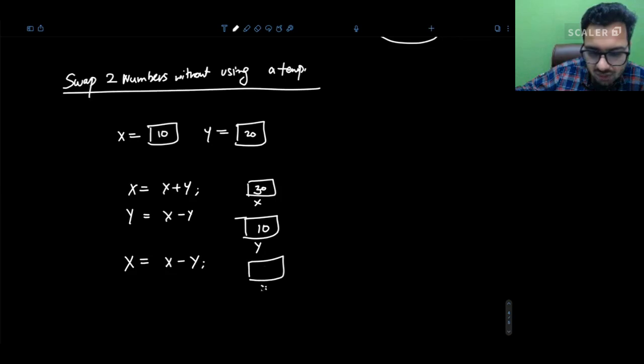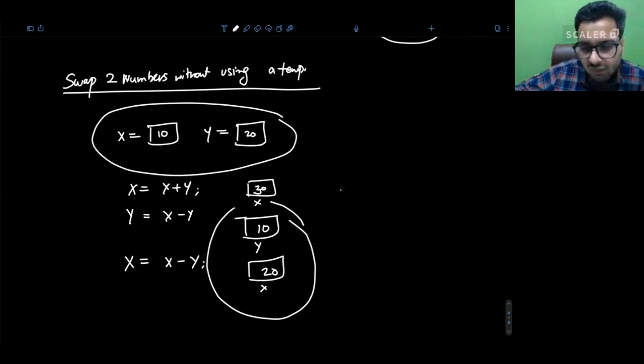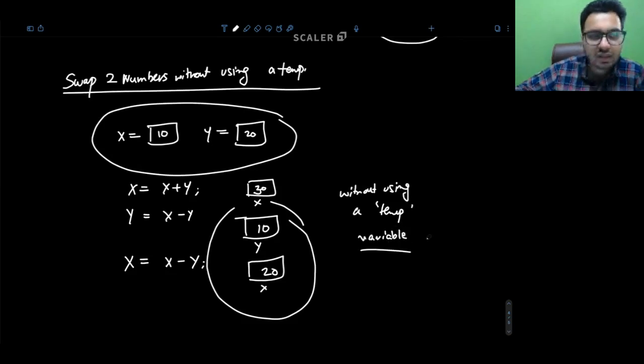So x is finally 20. If you look at this and this, the numbers are swapped without using a temporary variable. This is a nice trick that you can learn. So thanks, Chirag. Yes, this is also another way.